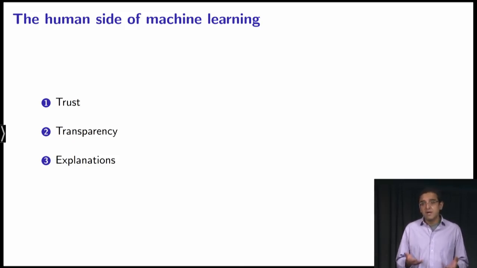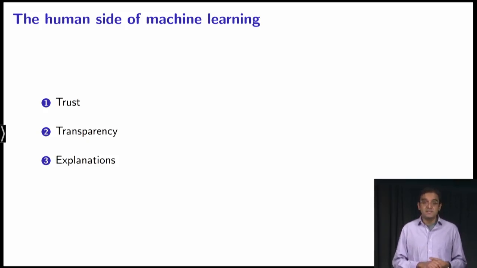And we also rely on these systems to make a whole lot of everyday decisions. What does it take for a machine learning system to earn our trust? What kind of systems do we think of as trustworthy? Is it enough that they just have high predictive accuracy? Or does it help for them to have other important features as well? For example, the ability to say, I don't know.